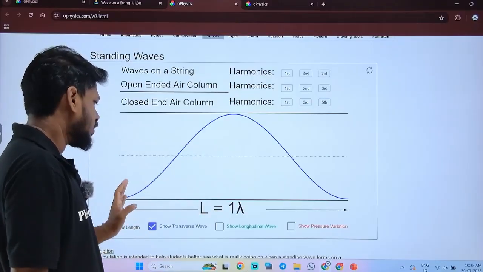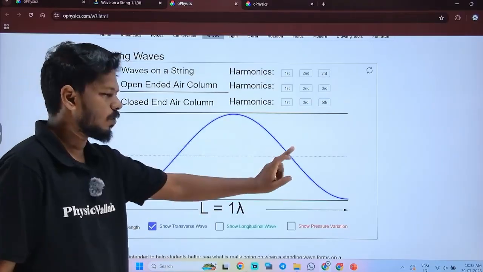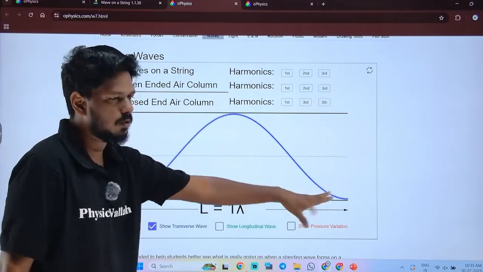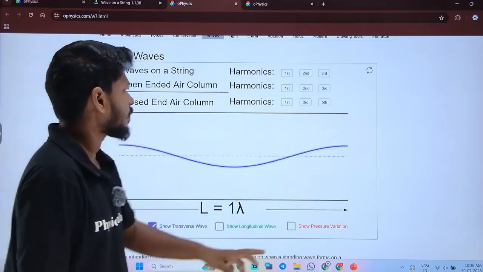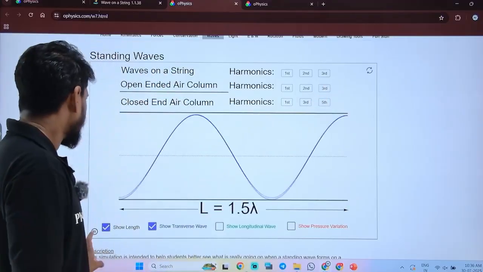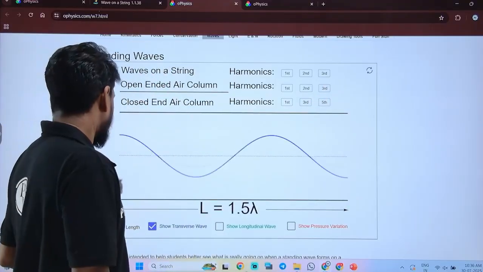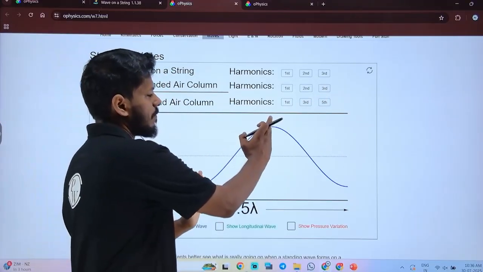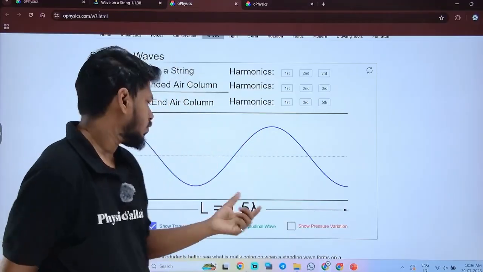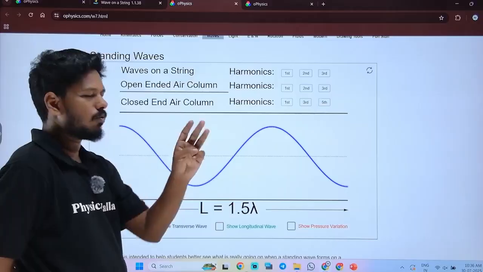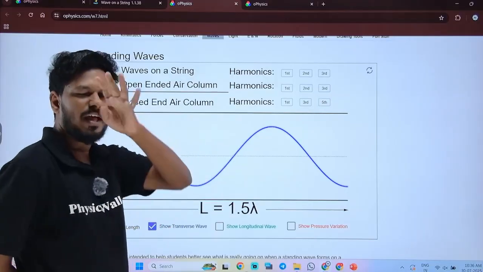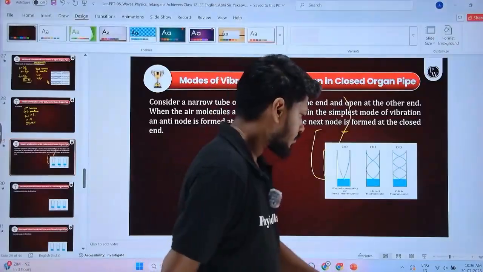So 2 nodes and 3 antinodes in second harmonics. In third harmonics, lambda by 2, lambda by 2 and lambda by 2, so 3 lambda by 2 or 1.5 lambda. So third harmonics has 3 nodes and 1, 2, 3, 4, 4 antinodes. Any difficulty?